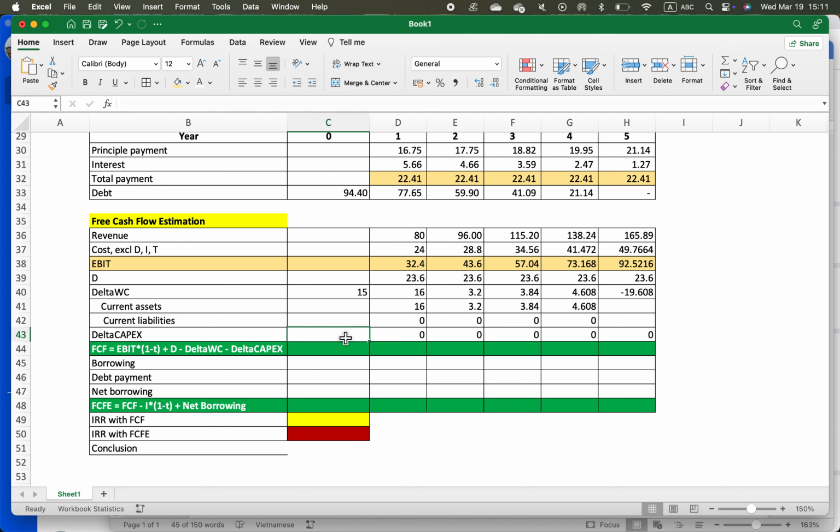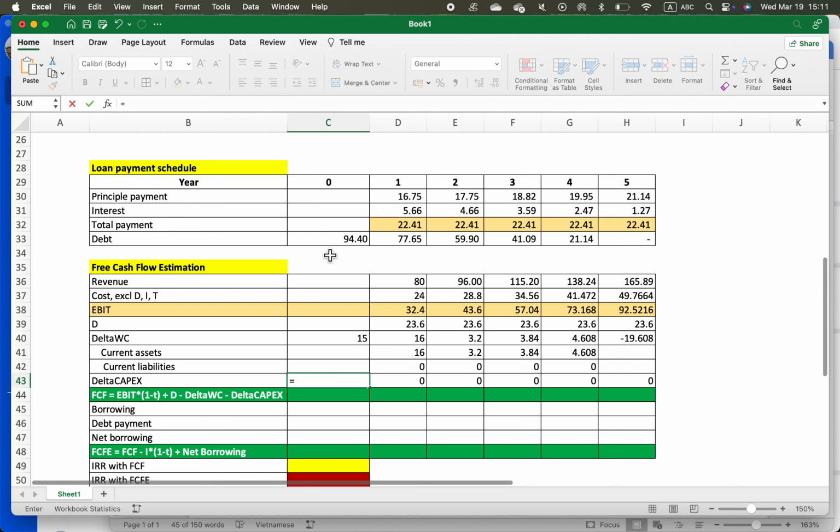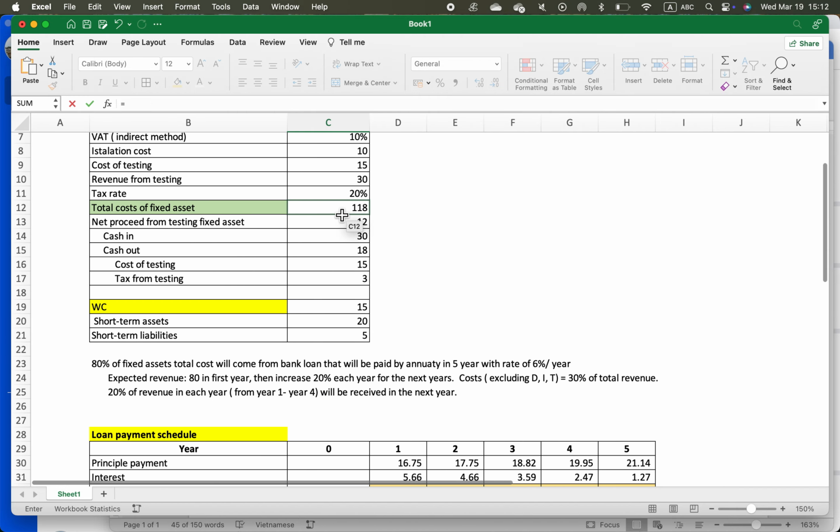But in the first year, it could be this amount, because it is the amount of money needed to buy a fixed asset.